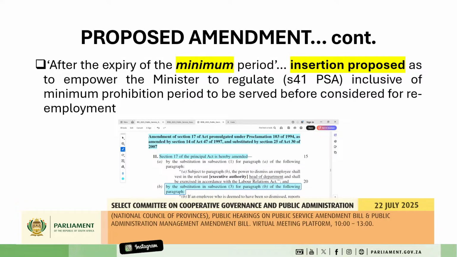And then if you go down to the B, that starts off by saying that by the substitution of section 3 for paragraph B of the following paragraph, then it has got another B. There is a section that one has highlighted there that says after the expiry of the period.